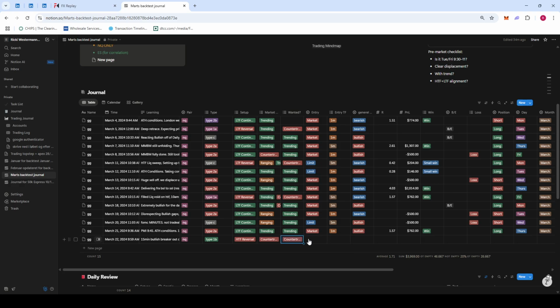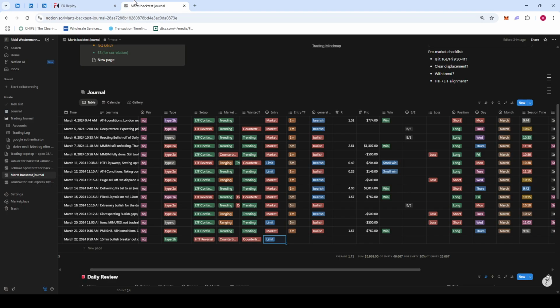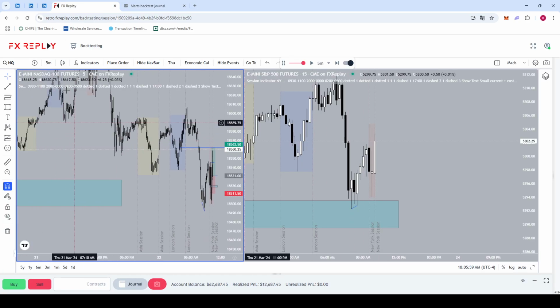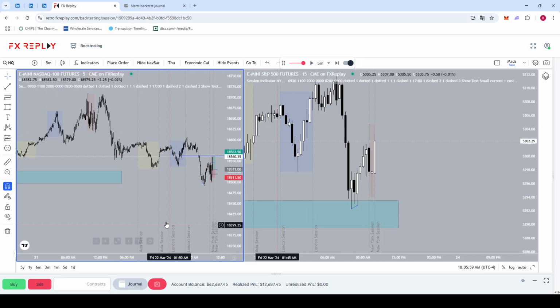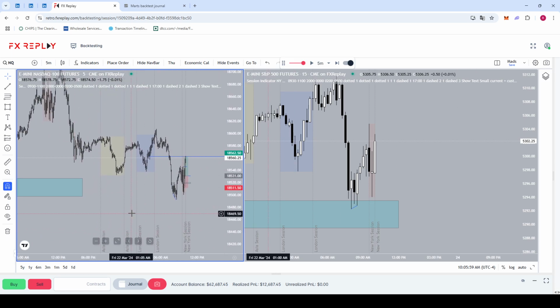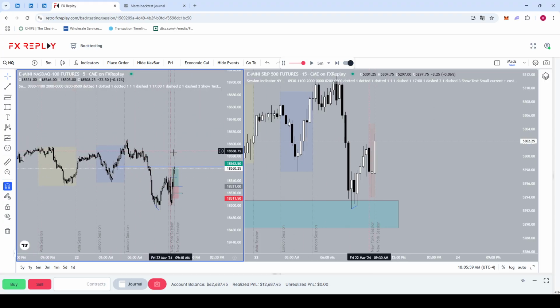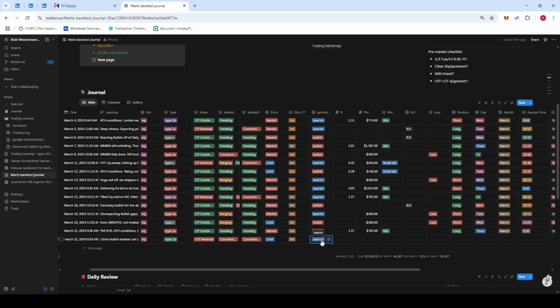A counter trend. I went in on a limit on the 5 minute. General, we were bearish, right? Oh no, we were not. We were bullish. No, we were not. Accumulation, manipulation, distribution. I don't really know. Ranging, can we say that?